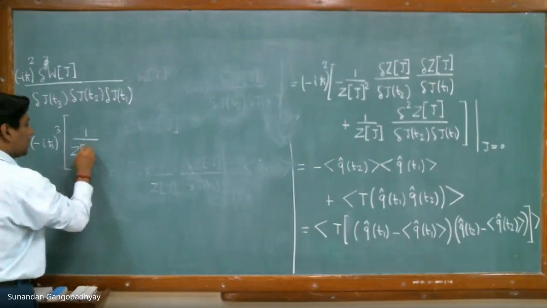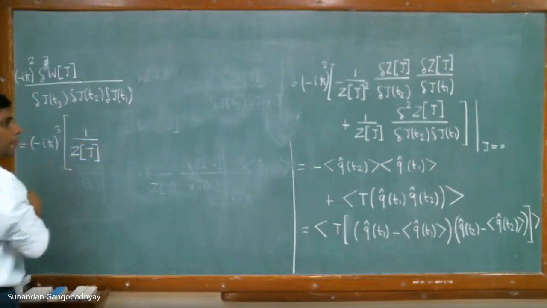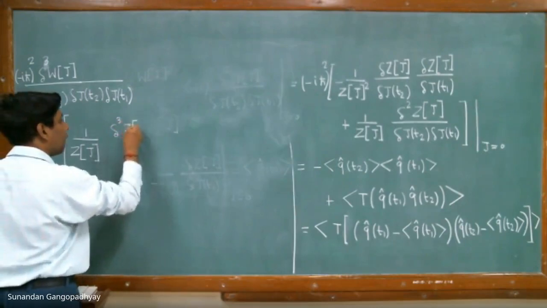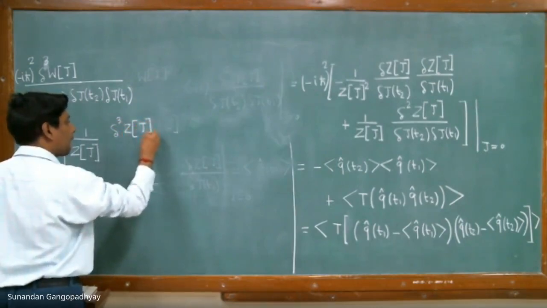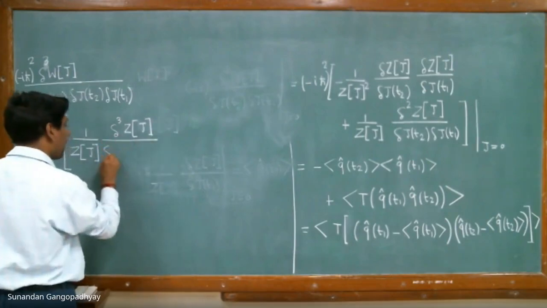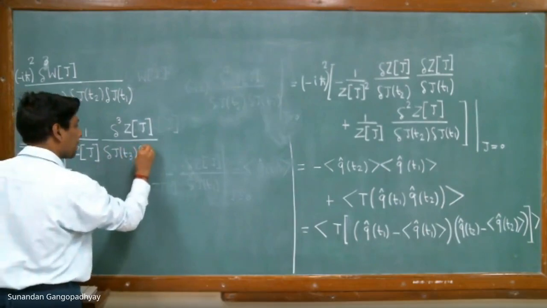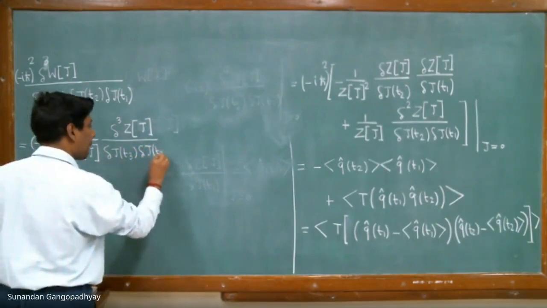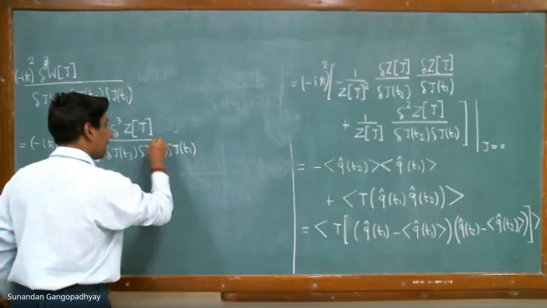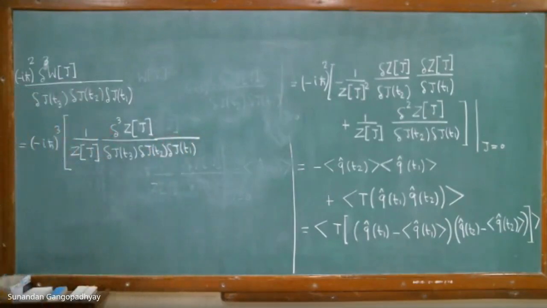So what we shall get is 1 by Zj del cube Zj. Okay.